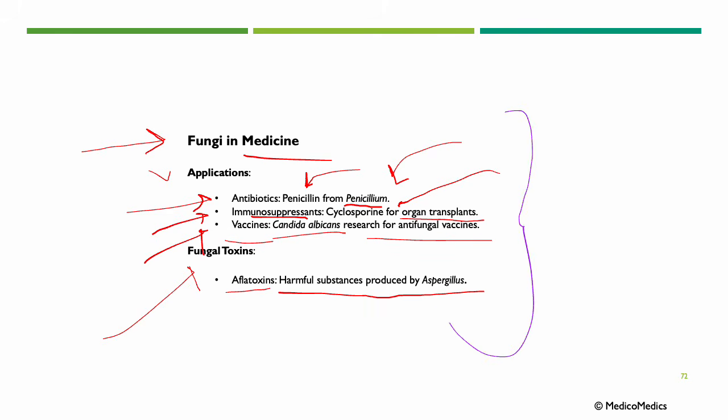So all in all, fungi are both heroes and villains when we're talking about medicine. They give us life-saving drugs, like antibiotics, but also produce harmful toxins that can contaminate, for example, our food. A bit of a yin and yang of nature.